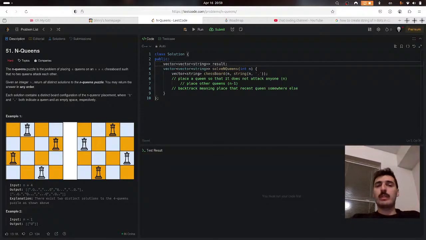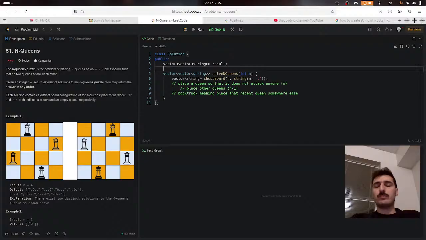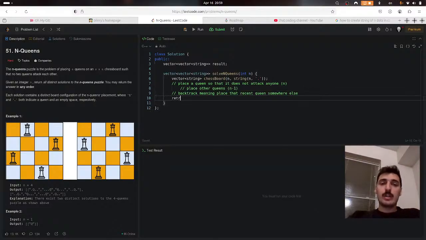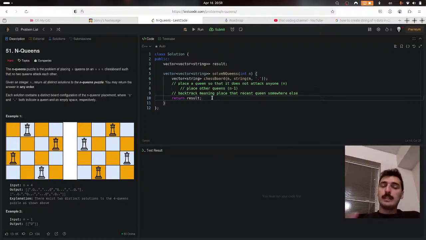I'm just doing this so that I will not have to pass this variable in a function signature as a reference. All right, now we probably have a chessboard. Now return result. This is not a solution, not even close.